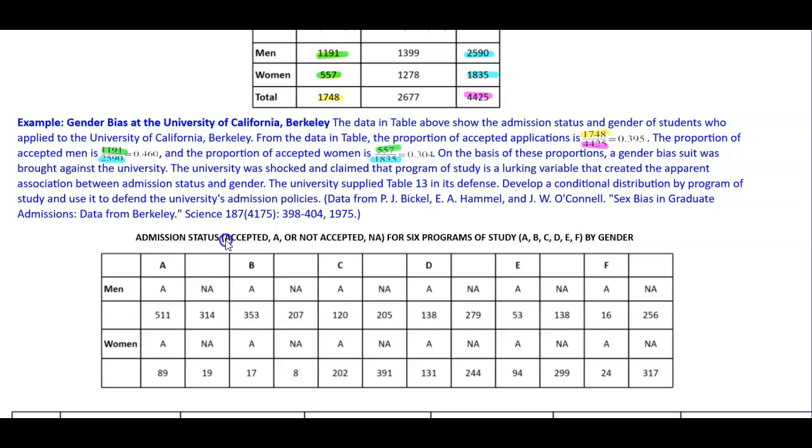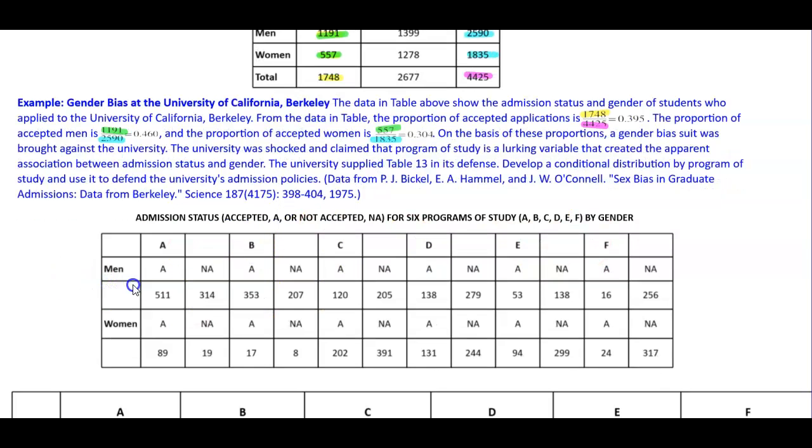It says admission status. Accepted is A, or not accepted is NA. And for the 6 programs of study, which are A, B, C, D, E, and F, by gender. So we have our men. If we take a look at men here, for program of study A, accepted is 511, not accepted is 314 for the men.